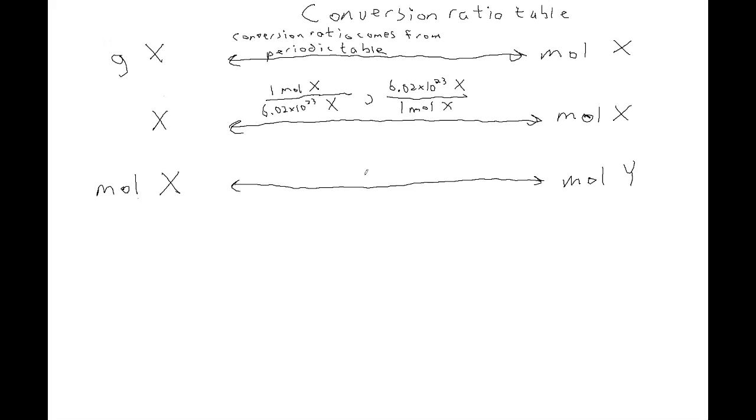So where do these conversion ratios come from? We have to write above the arrow where they come from. Yes, they come from the stoichiometric coefficients of the balanced equation.